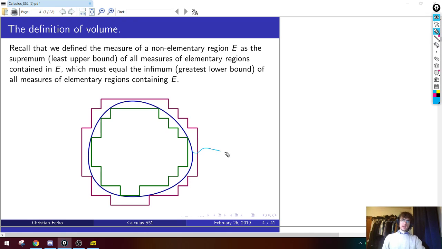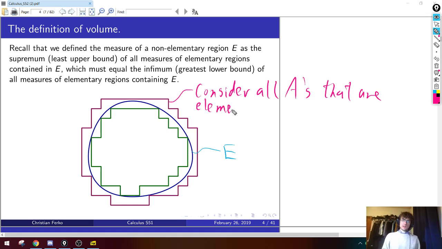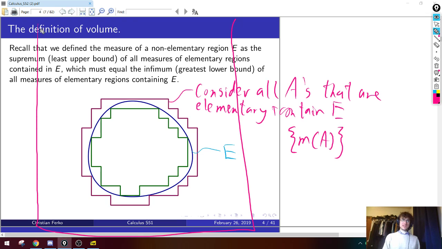If you wanted to find the measure of some non-elementary set E, so E could be like this circle, you really consider all A's that are elementary and contain E. So the point is that E itself is not elementary, but you consider all the bigger sets A that are elementary and contain E. So this set of all measures of A's is going to include some huge numbers, right? Because you can make an arbitrarily giant box that contains E.